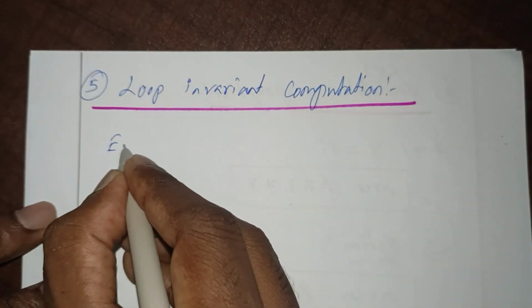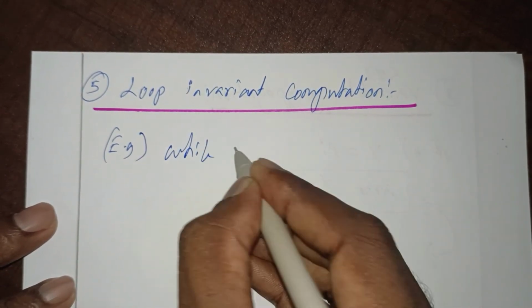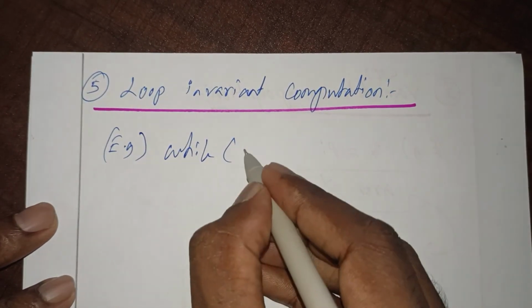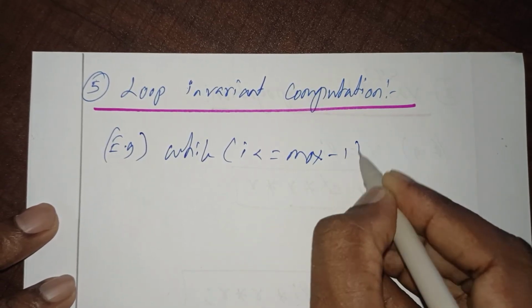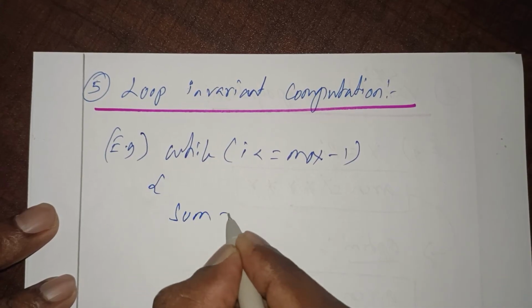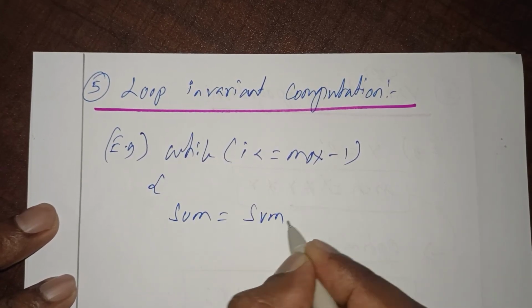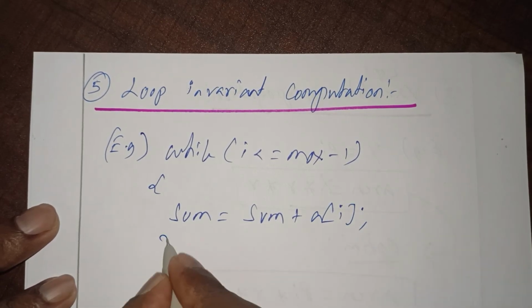For example, you can take it in this way, that is while. So for example, I'm taking the conditional open. i is less than or equal to max minus 1, for example, and sum is equal to sum plus the value a of i, and it has been closed.